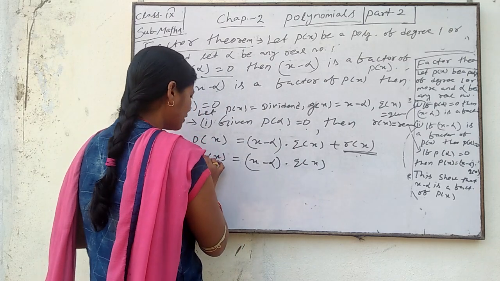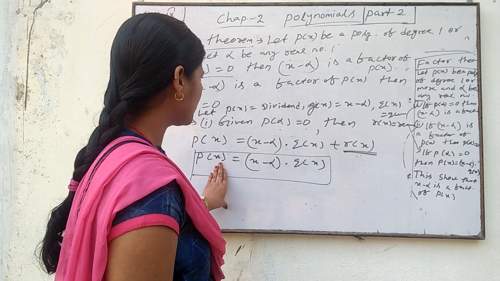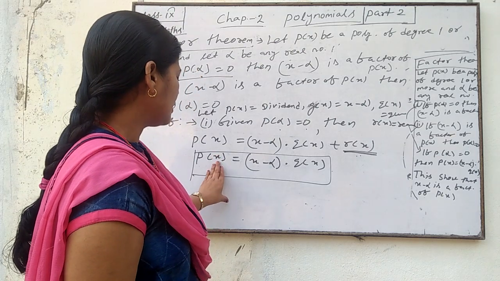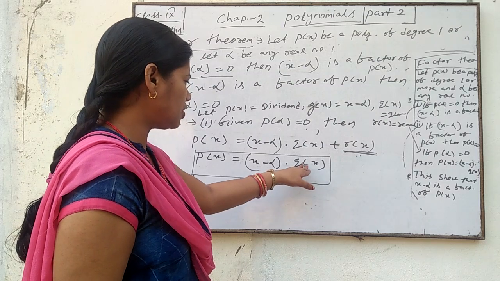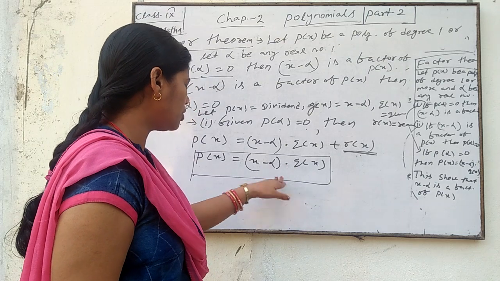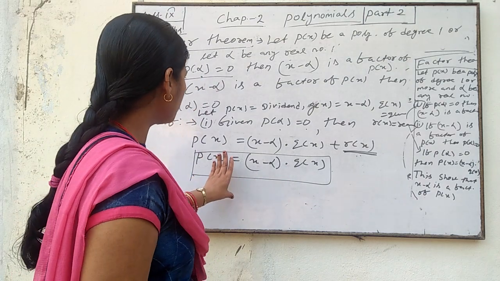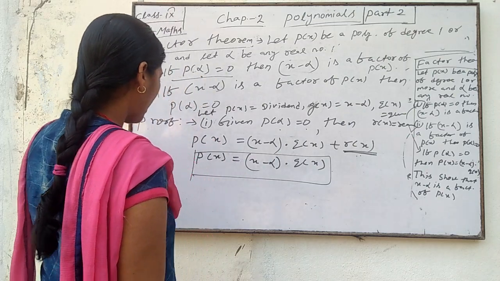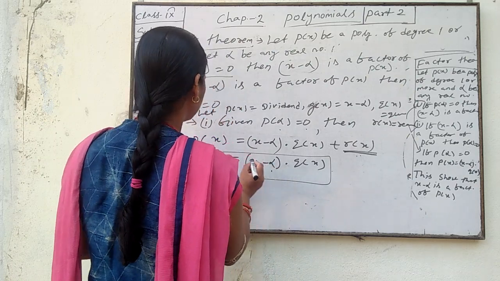Now look here, this shows that p of x divided by x minus alpha gives q of x, and the remainder is 0. If the remainder is 0, it means this is completely divisible. So this shows that x minus alpha is a factor of p of x.